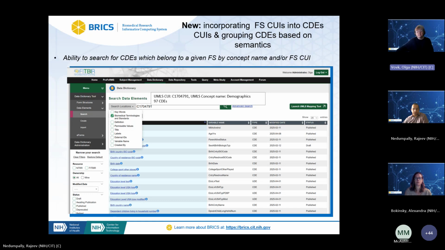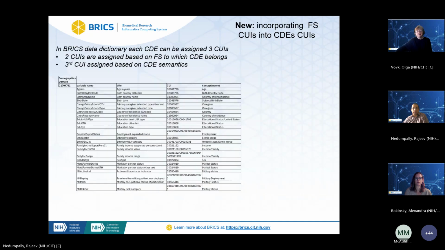And the next slide, please. The same can be done if you download the list of data elements and filter them by the concept ID in your Excel spreadsheet. You can find the data elements nicely grouped under high-level concepts. So that's all from me, and if you have any questions, please ask.